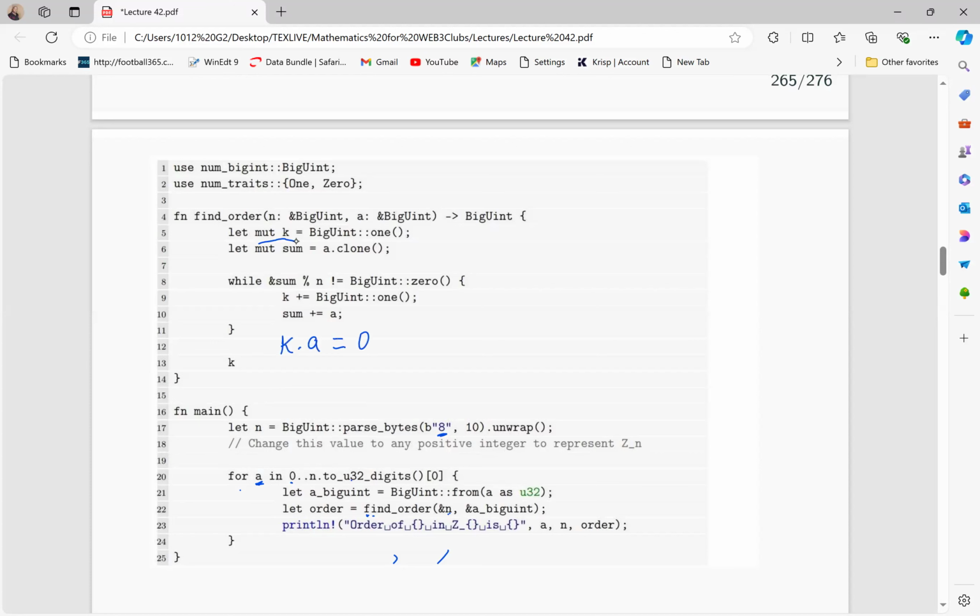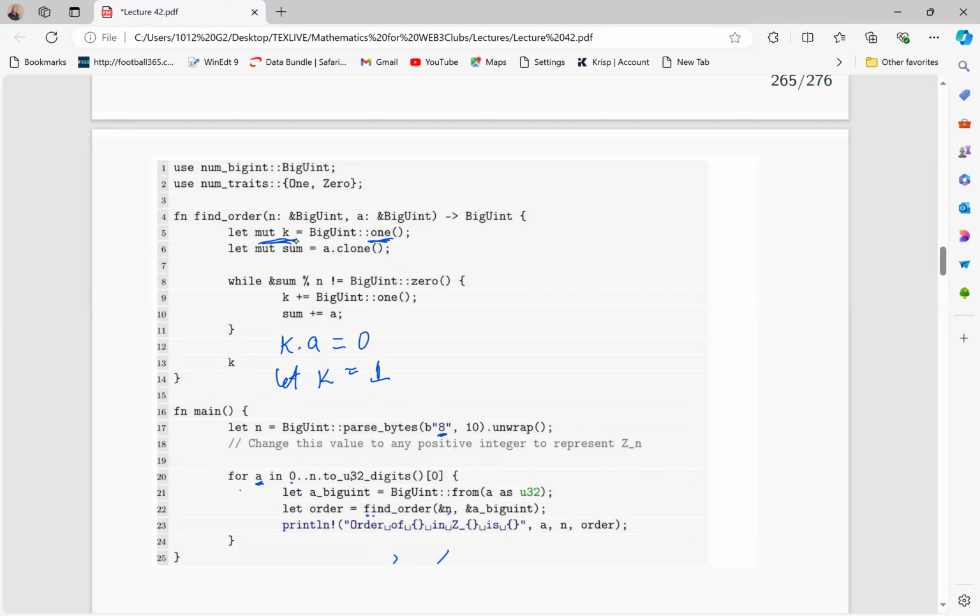That is all the function knows. So this function begins by letting k be mutable, but initially it takes it to be 1. Make k to be 1, but it will be mutable, which means it will be changing. It's 1 at one point, then goes to 2, and so on.